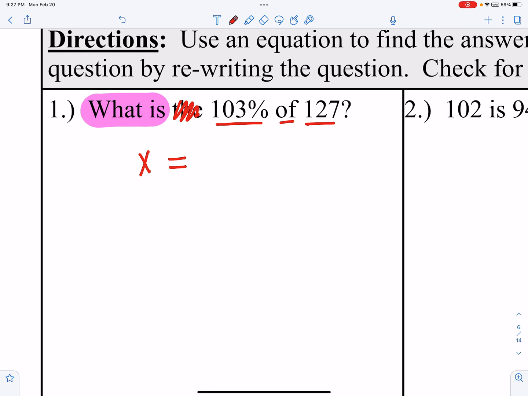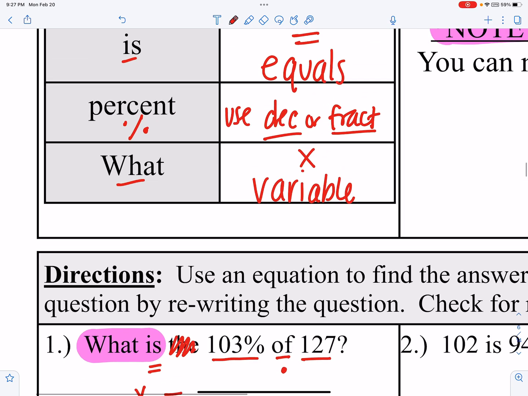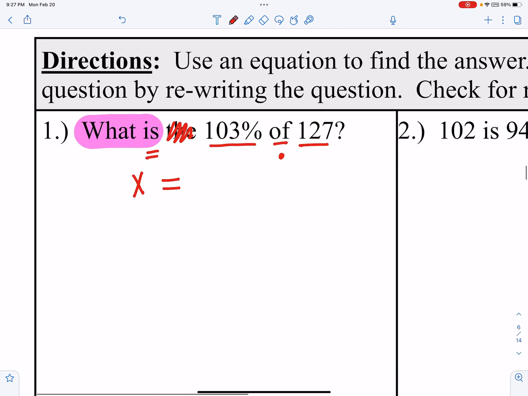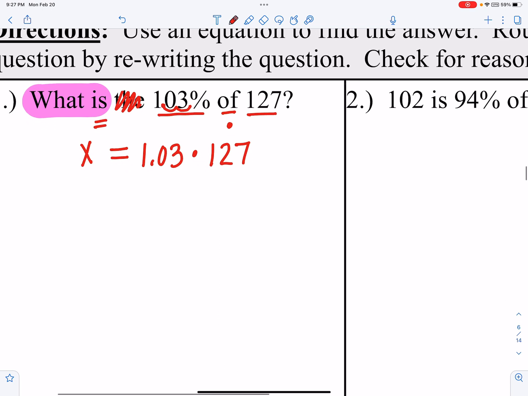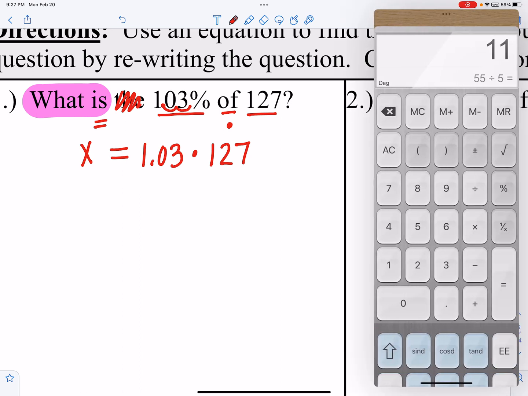Then we have "of." 103% has to be represented as a decimal or fraction, so I move the decimal place 2 spots to the left, or divide by 100, and I have 1.03 times, because that's what "of" means, 127. The x is already isolated on one side, so we're just doing 1.03 times 127.